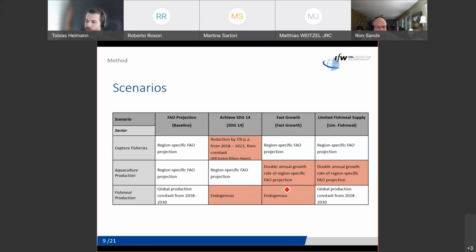In addition, we have 2 scenarios where we look at a double annual growth rate for aquaculture production. The reason is that in the FAO projection, the production for aquaculture is not limited by a lack of consumer demand, but rather by limiting factors in the production.